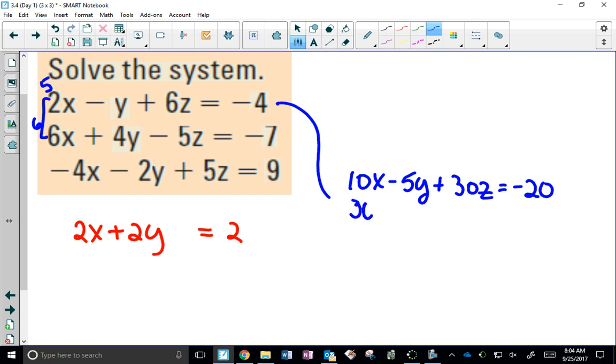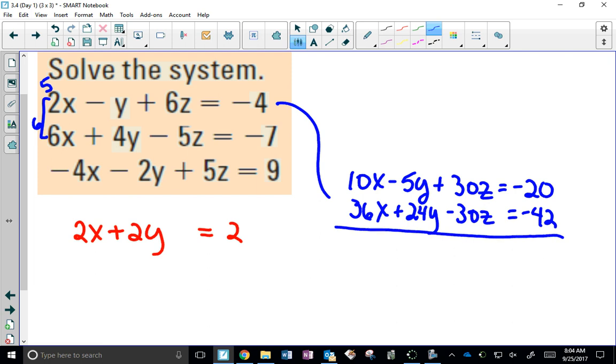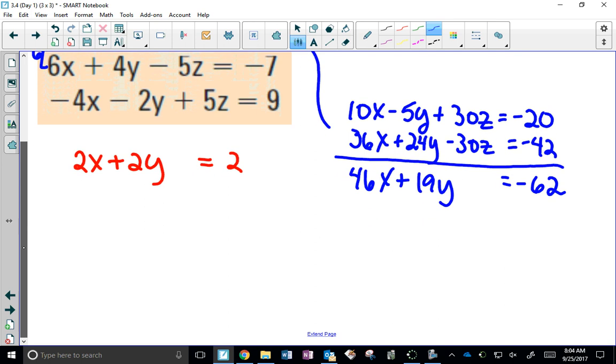And 36x plus 24y minus 30z equals negative 42. That goes together. See any mistakes anywhere?